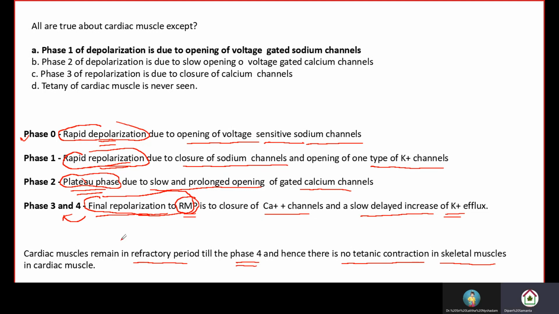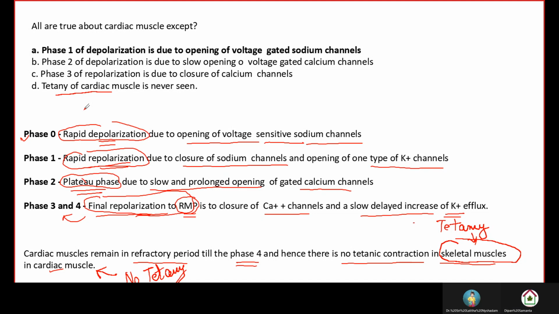There is no tetanic contraction in cardiac muscle, but it can occur in skeletal muscle. So tetanic contraction occurs in skeletal muscle, but no tetany in cardiac muscle. Okay, that is to be remembered. So the option D, tetany of cardiac muscle is never seen, is correct.